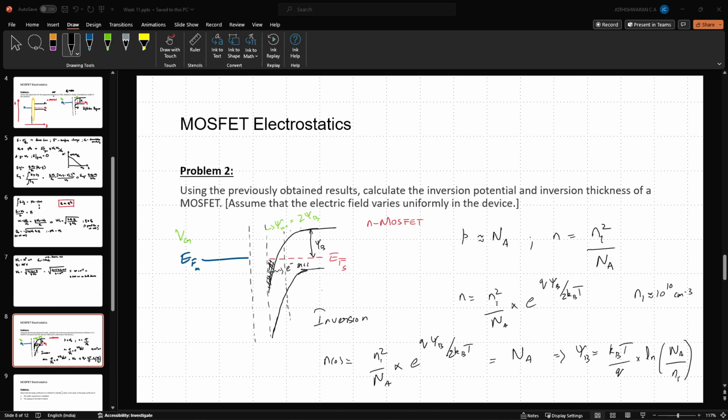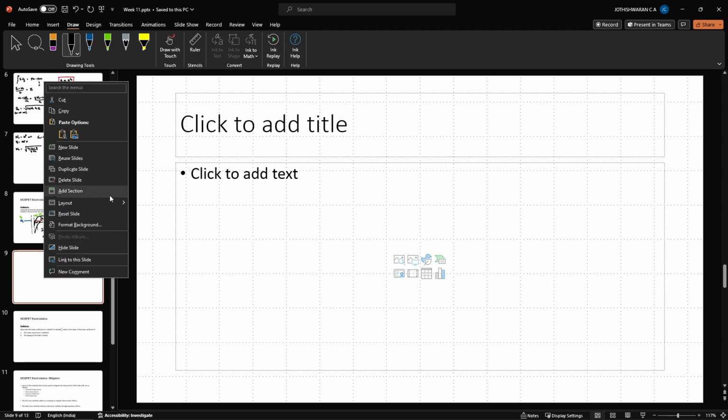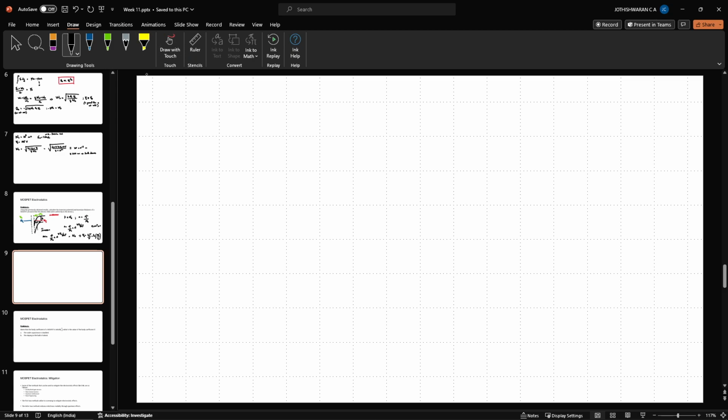So psi inversion is equal to 2 times psi b, which is equal to 2 kBT by q into natural log of Na by ni.